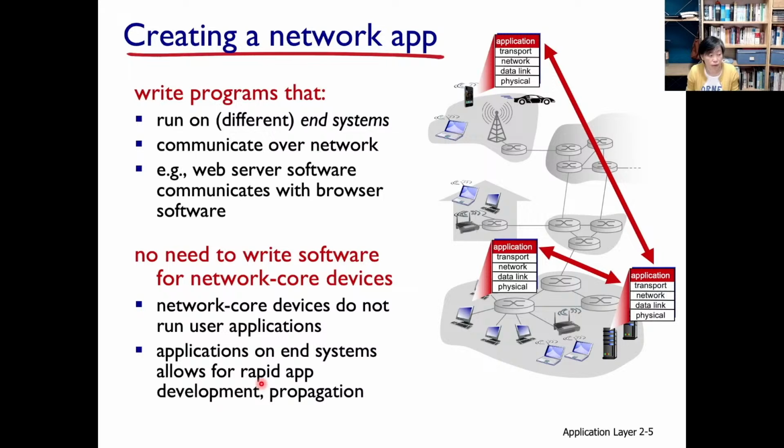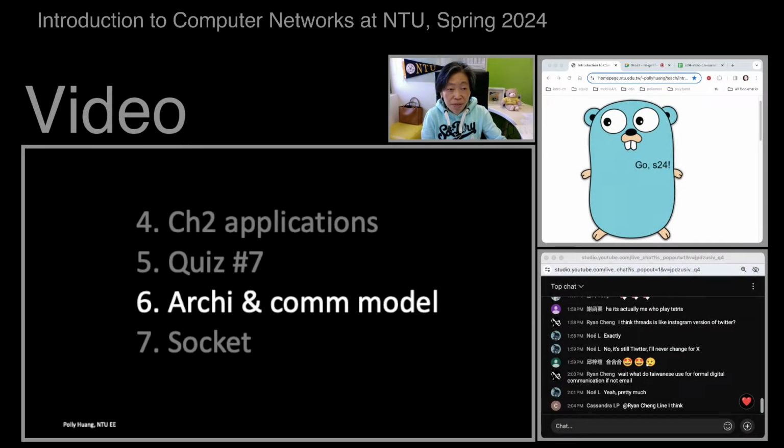So on these end systems, there are programs running and exchanging data such that we can perform a specific application or specific service. All right, so that's network application. Essentially, you have programs on the end systems, multiple of these, sending data back and forth to each other.